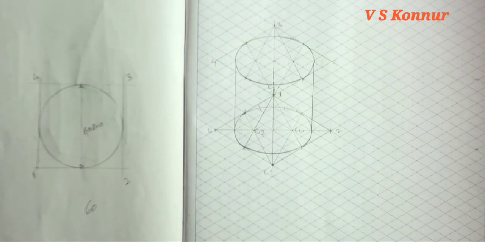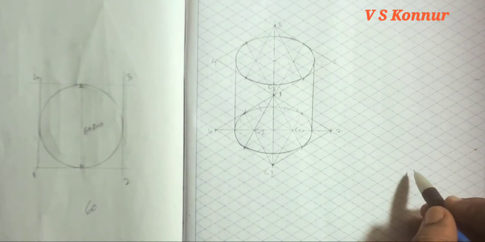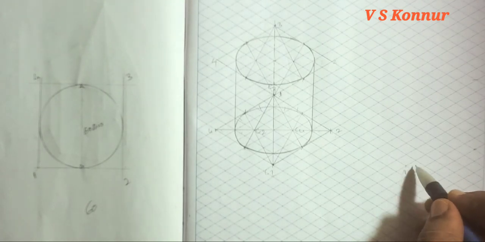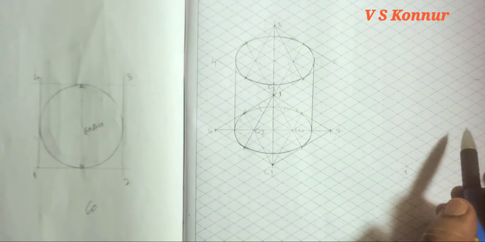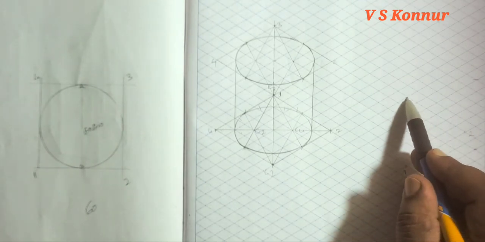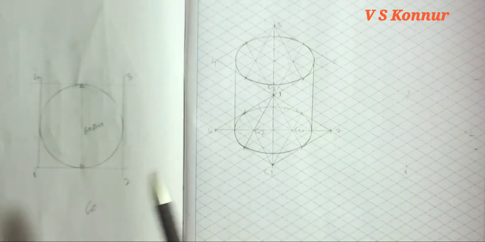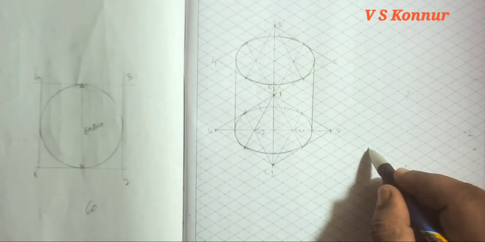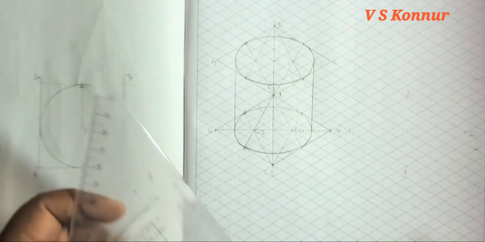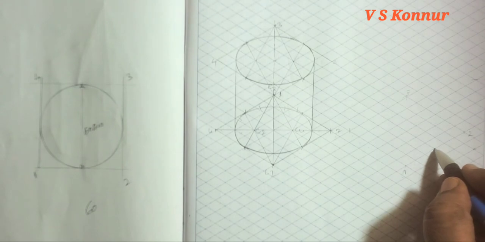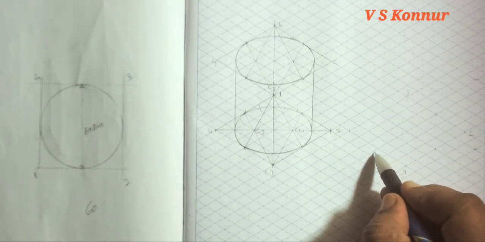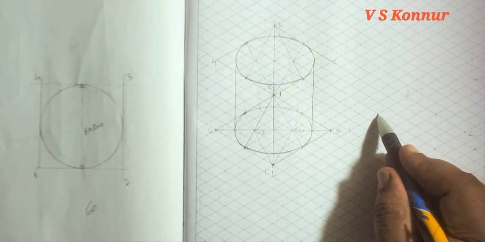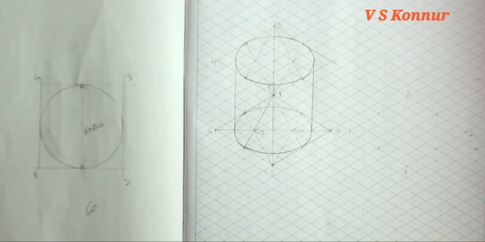Now we'll show how to construct a cone. Once again from this 1, mark 1, 2, 3, 4, 5, 6, and 2, 1, 2, 3, 4, 5, 6, and 3, because 60 is there. So 1, 2, 3, 4, 5, 6. So already I have marked, and then we'll mark the centers. The centers are marked. Then without any lines also we can draw easily.